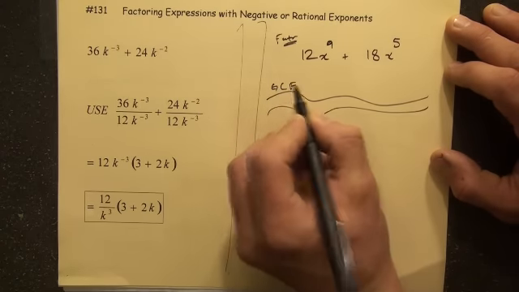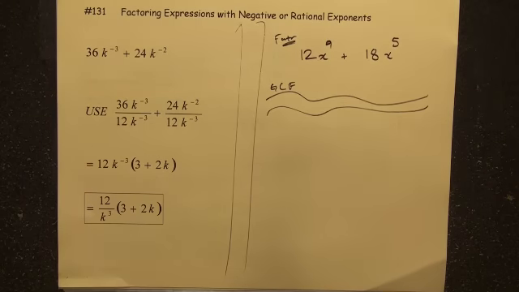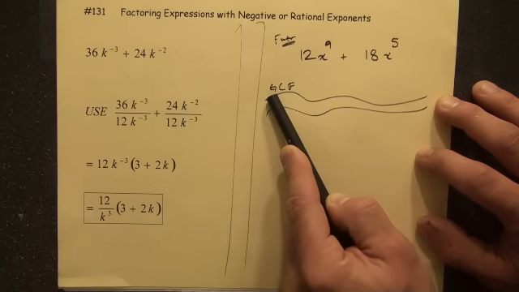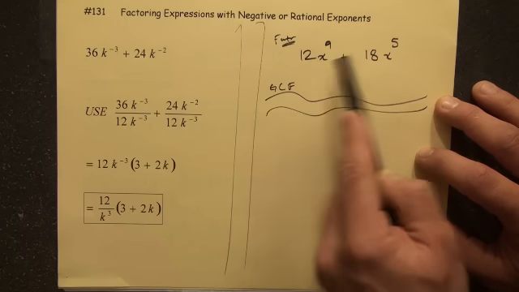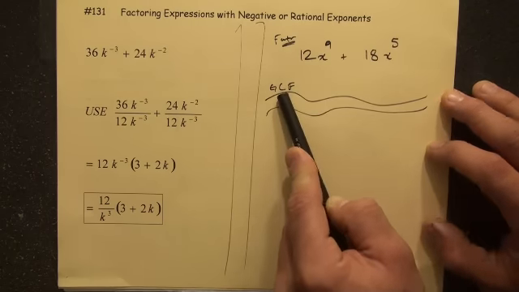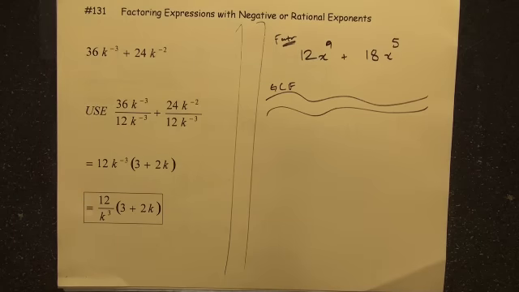Okay, so the GCF. Now let's break down that phrase, greatest common factor. What we're looking for is a factor that is the greatest that the two terms have in common. Factors are numbers that can divide into another.